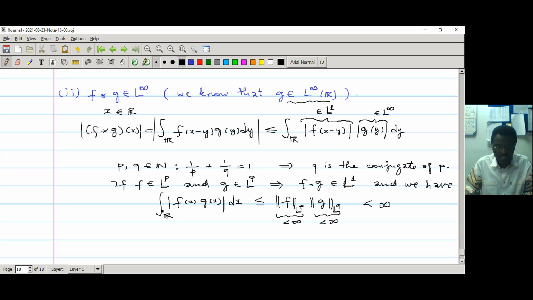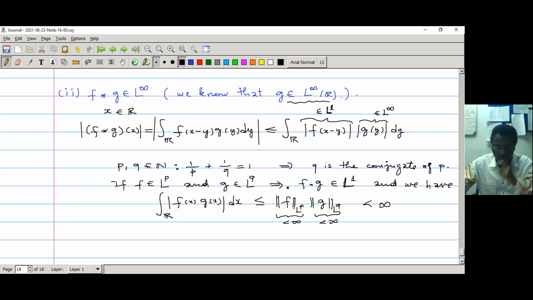You see that here we did not raise this to any power. Whereas you know what this means? It means that you have the integral of the absolute value of F to the power of P, and then you take the pth root of that, and the other one.